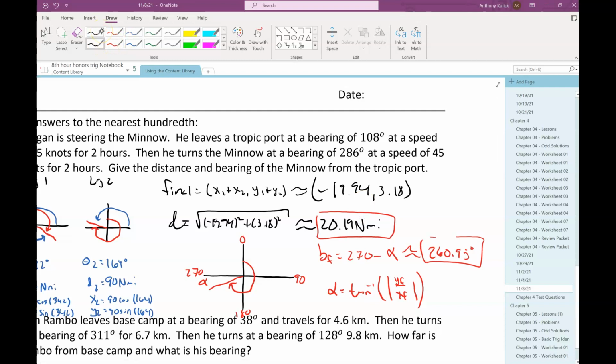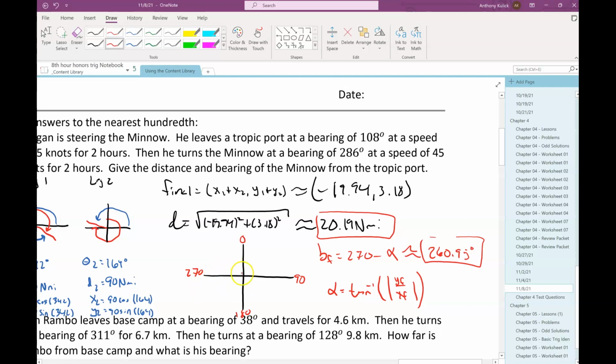The key says 279. Oh, yeah, of course it would. Why would it say 279? Mr. Kulik, you're a moron. Look at the picture you drew. Did you graph negative 19, positive 3?